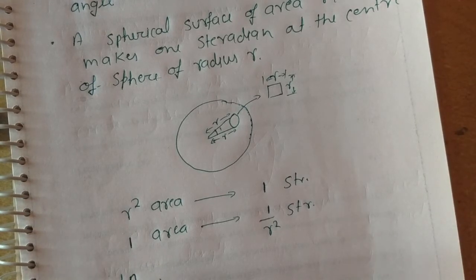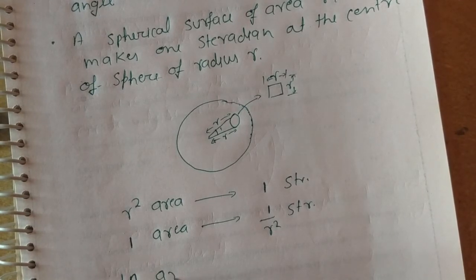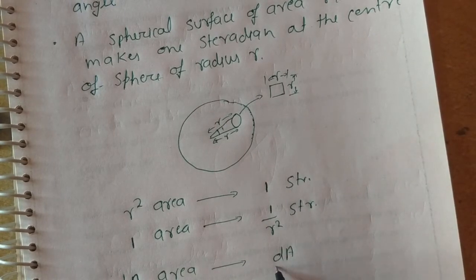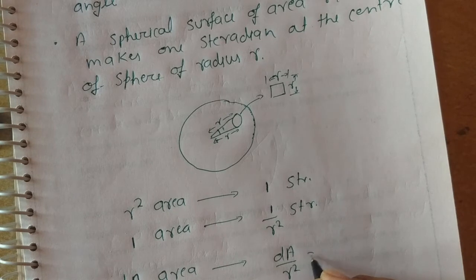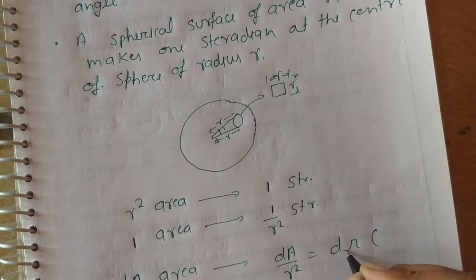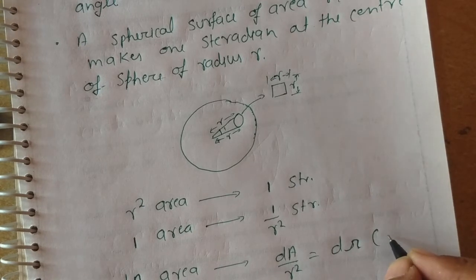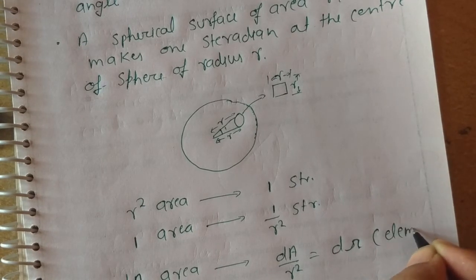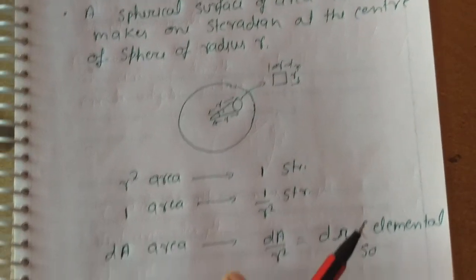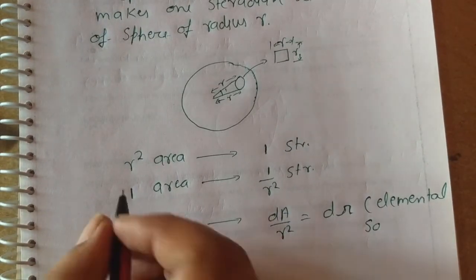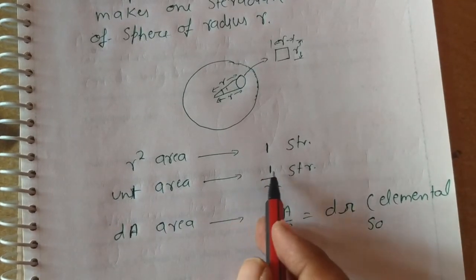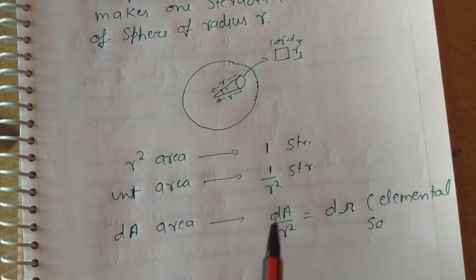Okay, and unit area dA is the small spherical area, which makes an angle of dA by r square, which is equal to elementary solid angle d omega.